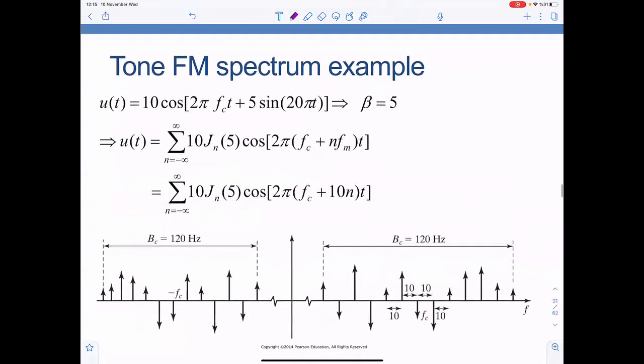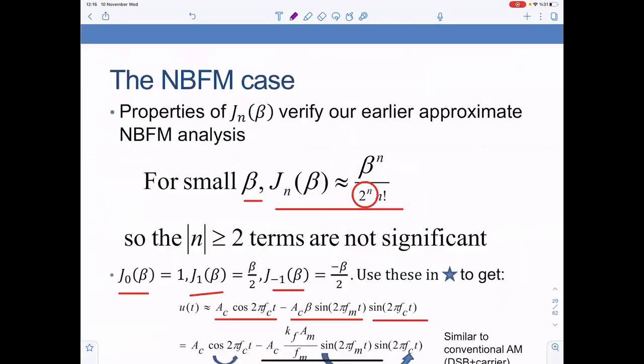So, as I said, beta is the main figure of merit for an FM waveform. Do you remember what beta is? KF AM over FM. Let's go back to where we defined it.